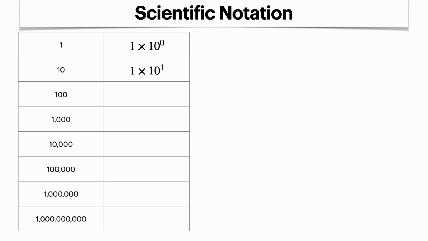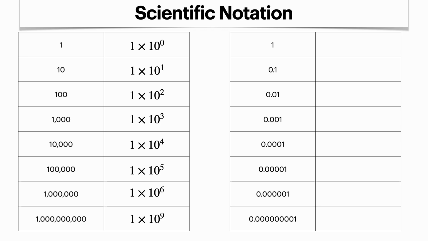With the number 10, we only have 1 zero, so we have 1 times 10 to the first. 100 has 2 zeros, so 2 is the exponent. 1000 has 3 zeros, so of course 3 is the exponent. 10,000 is 10 to the 4th. 100,000 is 10 to the 5th. A million is times 10 to the 6th, and a billion is times 10 to the 9th. So you can see we're just counting those zeros.